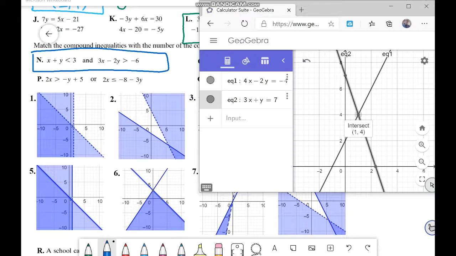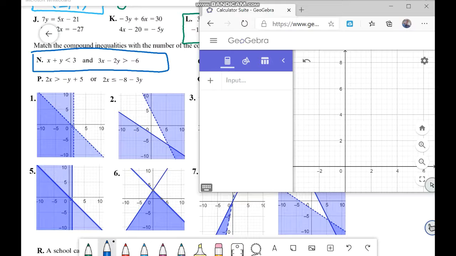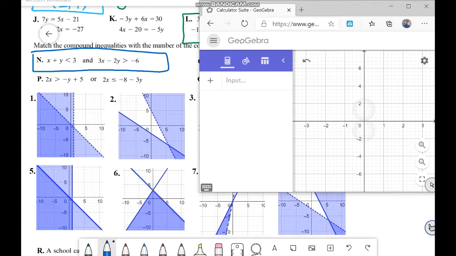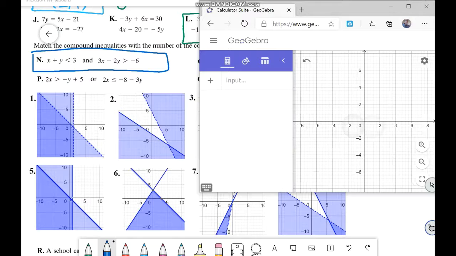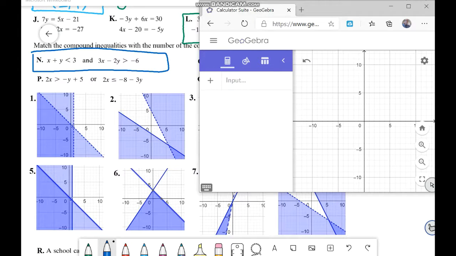And I will get the graphing calculator to help me here. Okay? Adjust to -10 and 10. Here, -10 and 10. Okay, great.